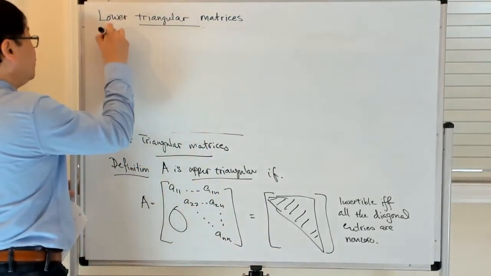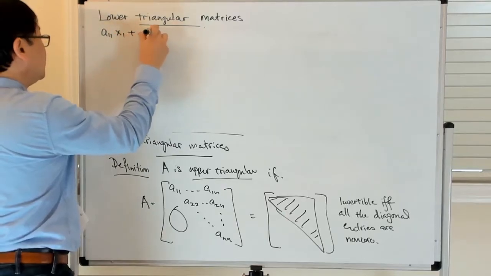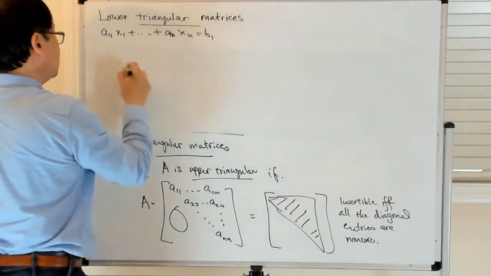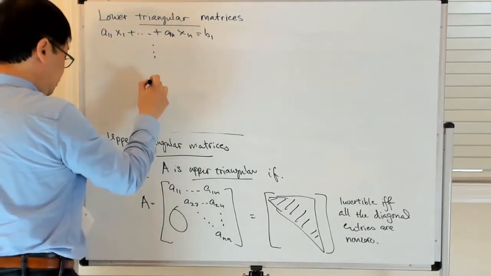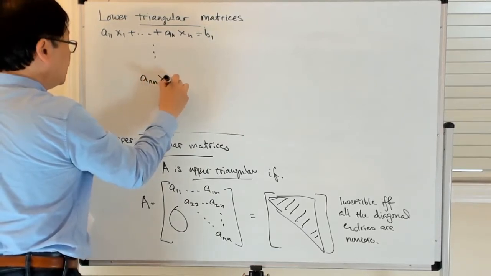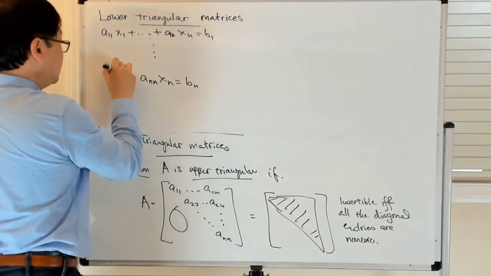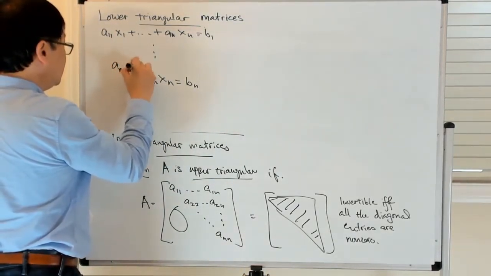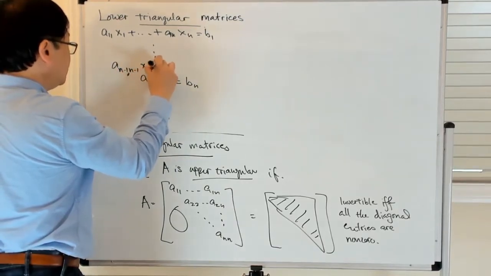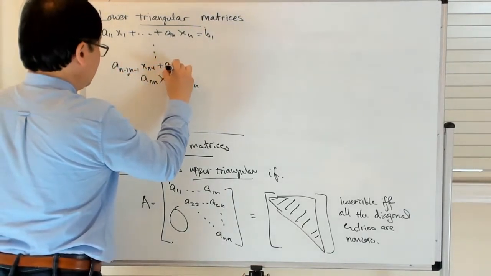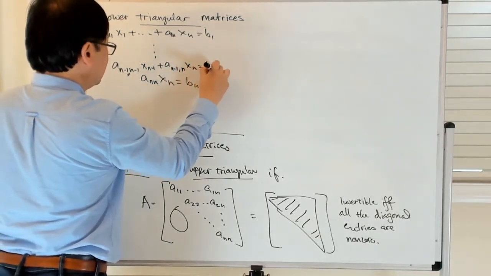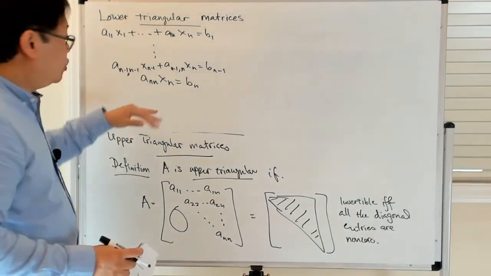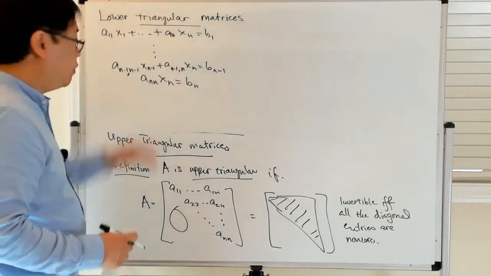You'll have A11 x1 all the way up to A1n xn equals B1, all the way down to ANN xn equals Bn, and A n minus 1 n minus 1 xn minus 1 plus A n minus 1 n xn equals B n minus 1. So you can do that kind of substitution trick, but now you have to start from the bottom and go upwards, right?